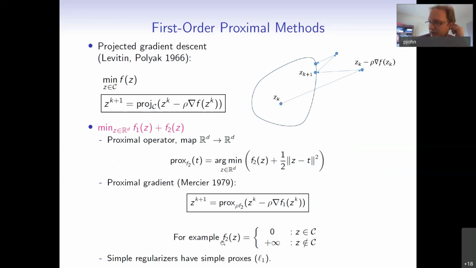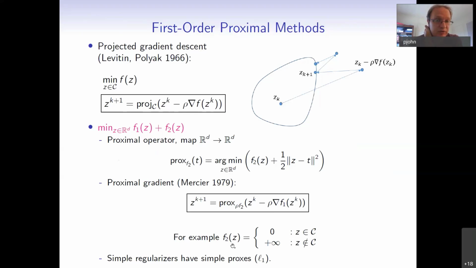And the reason it works, to get some intuition, if you haven't seen the proximal operators, it's basically generalizing projection. If I were to pick this function F2 to be this here, which is really an indicator of the set C, so it's 0 on the set C and then plus infinity everywhere else, then the proximal operator is just the projection onto the set C. So the proximal operator inherits all the properties of projection.